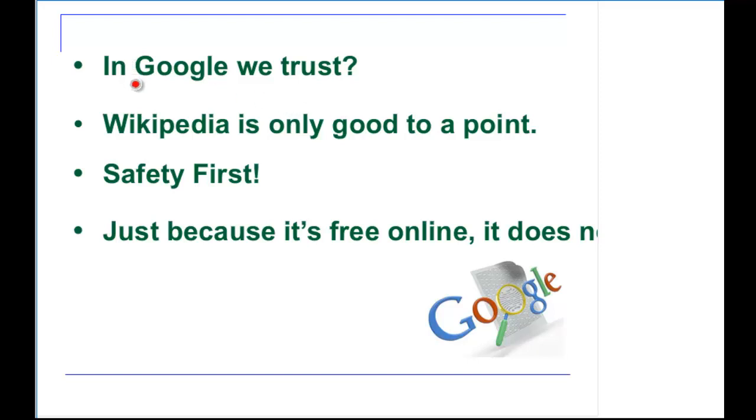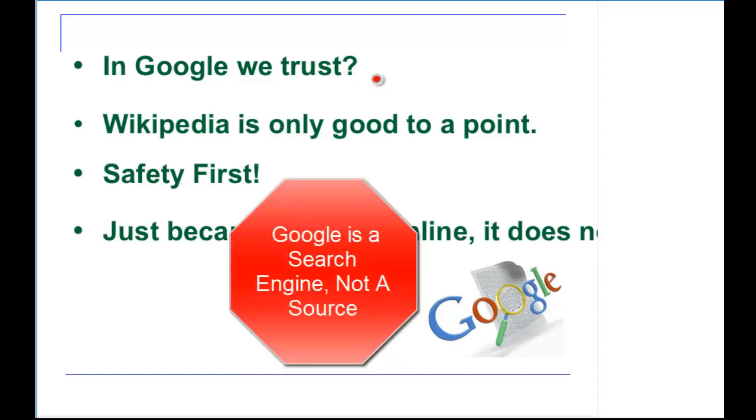First of all, the first question I always ask, in Google we trust? And I put this with a question mark, so really it's in Google we trust. A lot of people have said to me over the years, especially students, I've said to them, where did you find this particular article or where did you find this content? And they tell me, oh, I found it in Google. And I always say, no, you didn't find it in Google. Google is not a website where you find information.